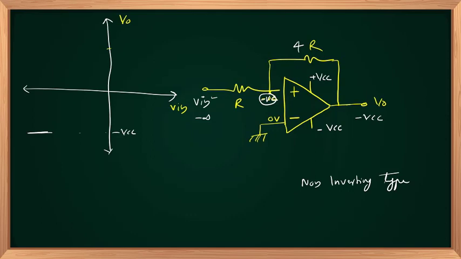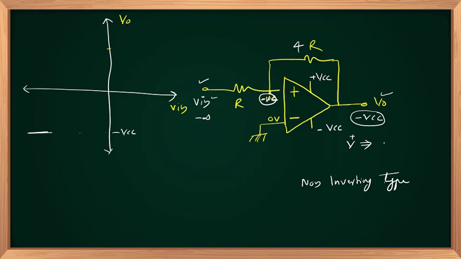The moment my output is at minus VCC, that will give me a V plus that's equal to... While identifying V plus, we have two different sources here. One is V in, one is V out, which is at minus VCC. So V in divides between 4R and R, minus VCC divides between R and 5R.